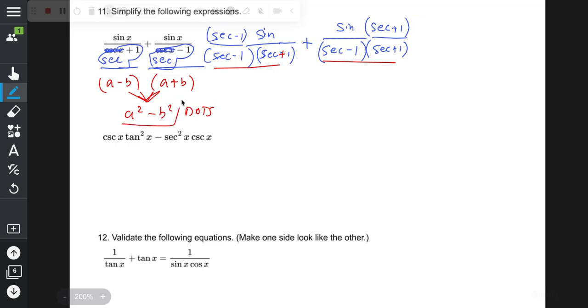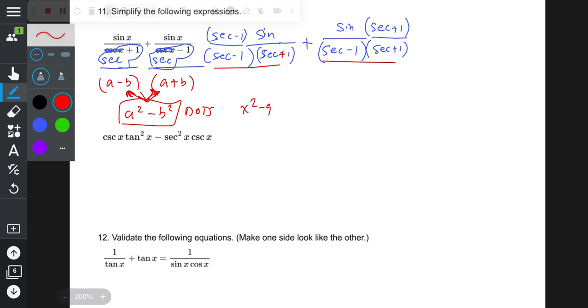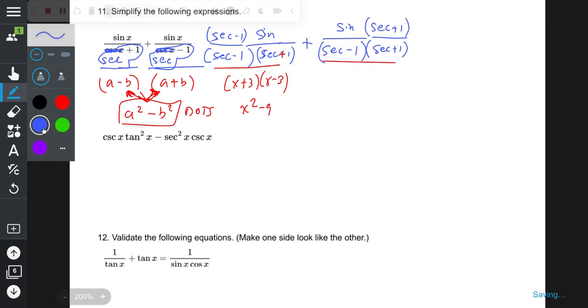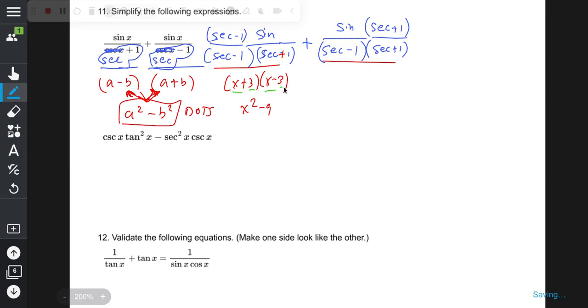Normally you've seen this when practicing factoring, and you can factor it into these two binomials. I'll give you an example: I think you all know instinctively that x squared minus 9 is x plus 3 times x minus 3. Well, you see the pattern, A, B, A, B. The only difference is that this is a perfect square, and that's a perfect square.